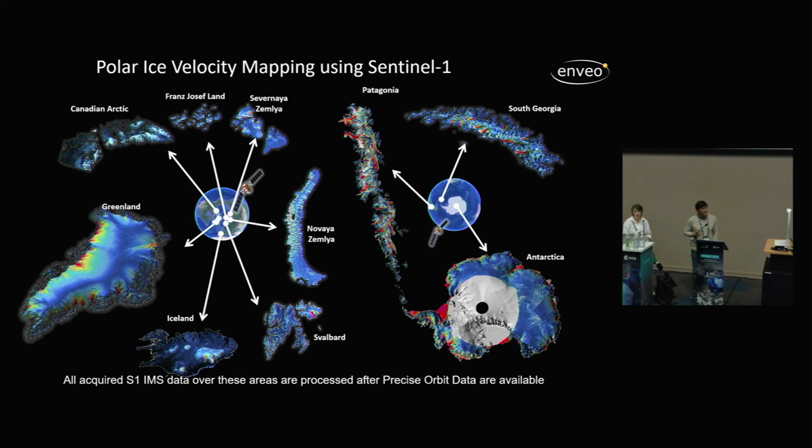And on the Southern Hemisphere, we are looking not only at Antarctica, but also at South Georgia, and on the glacier applications also at Patagonia. All the acquired data sets from Sentinel-1 are processed, and the data sets are available on various geoportals to download, and they are used by a couple of scientists.